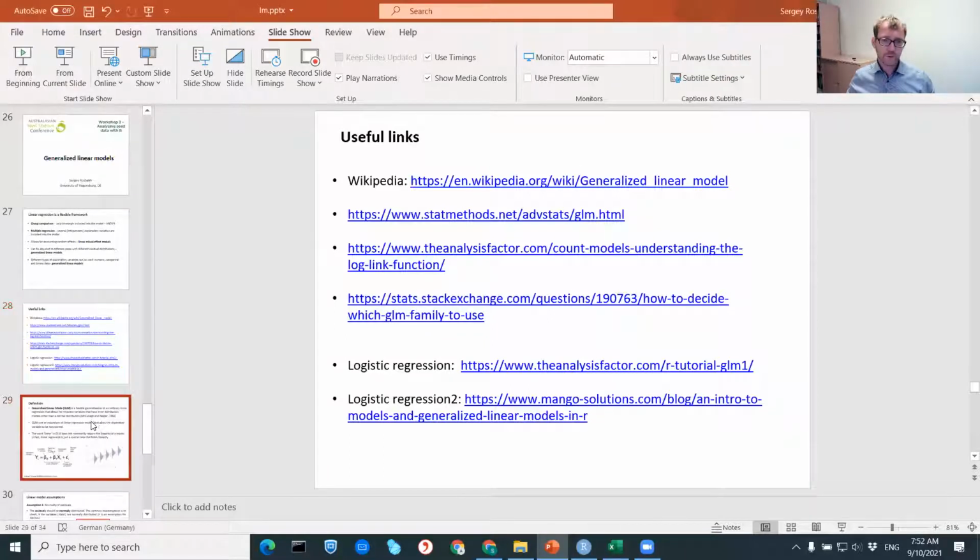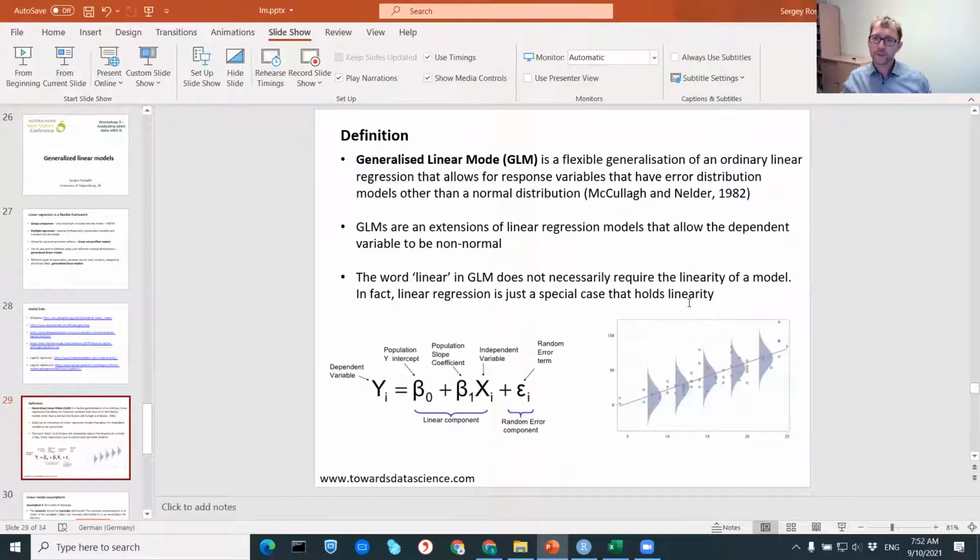I have here also a few slides about generalized linear models. If you're interested, if you're into math, you can look it up and read more about it. But what I want you to know about this framework is that the GLM, or generalized linear model, is a flexible generalization of an ordinary linear regression.